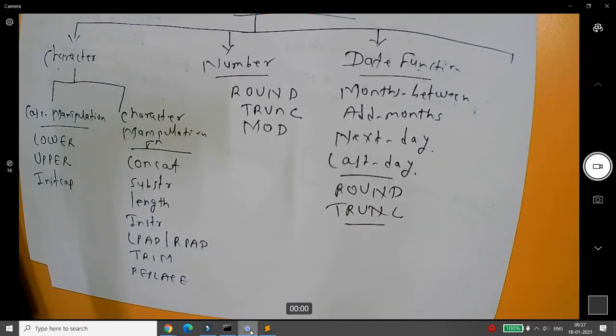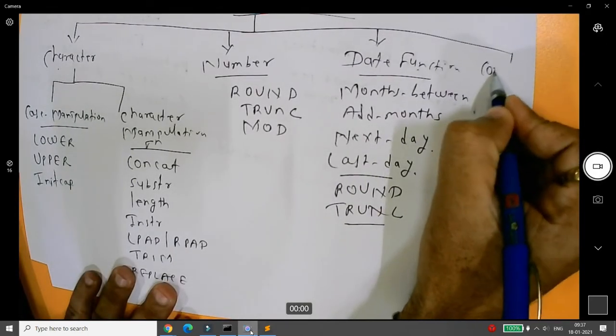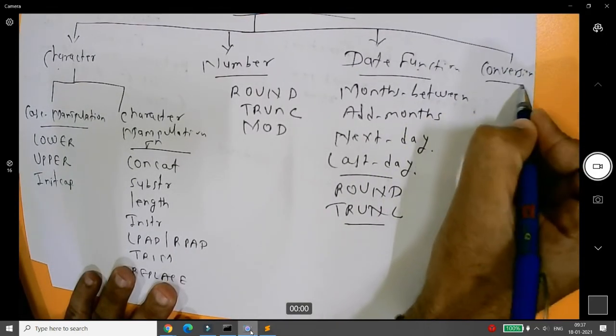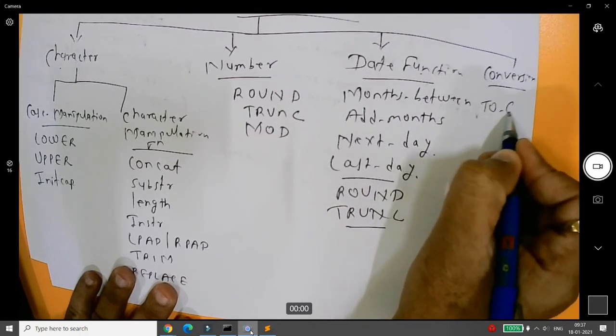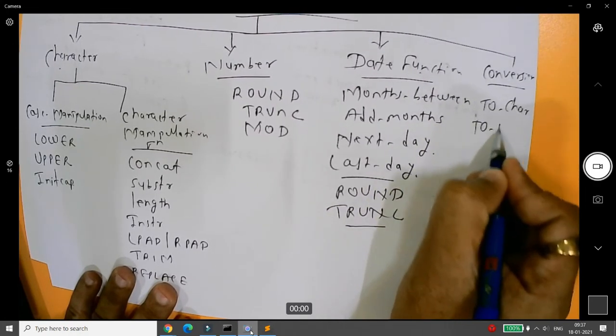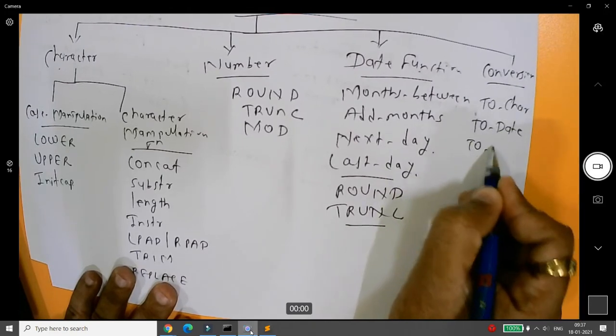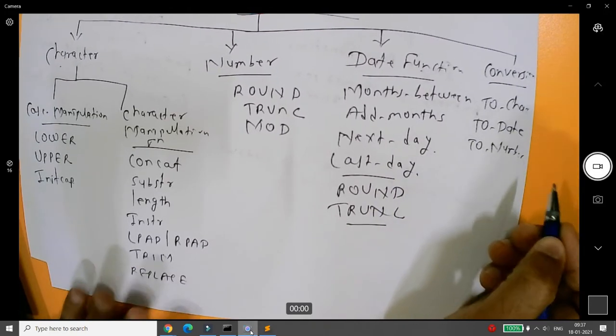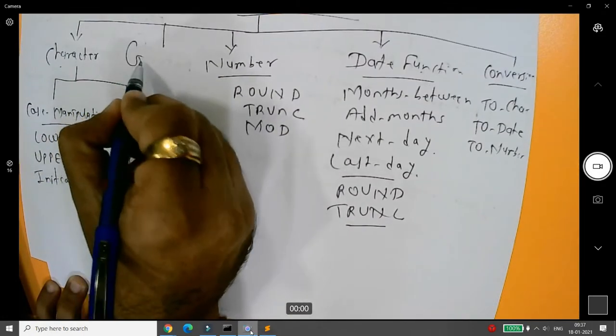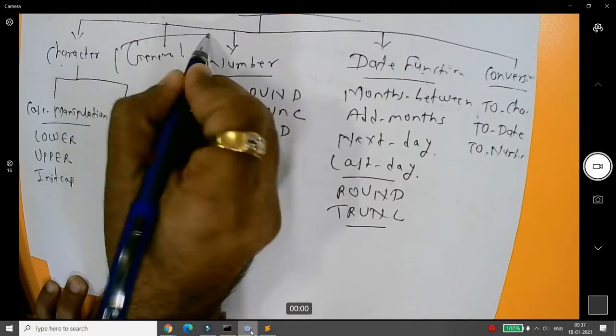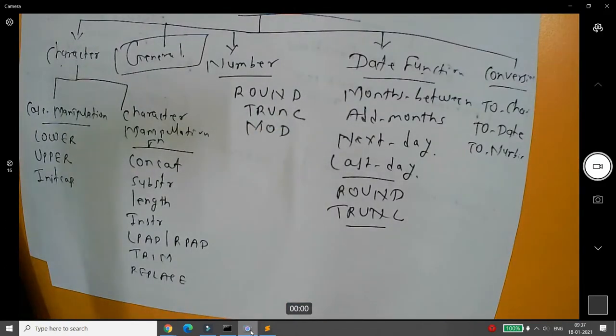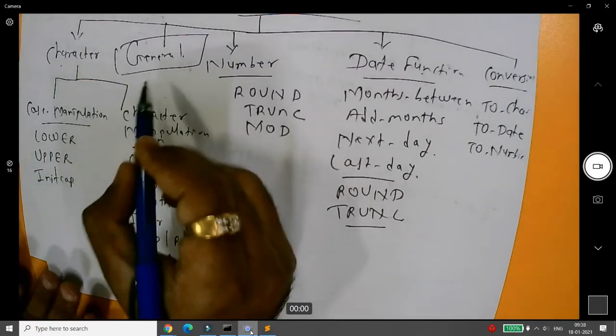Another two categories are there. The fourth category is conversion functions, and the fifth category is general functions. In conversion functions, you can say there is to character, to date, and to number. And if you want to note down the general functions, you can say NVL, NVL2, nullif, and coalesce; these are all examples of general functions.